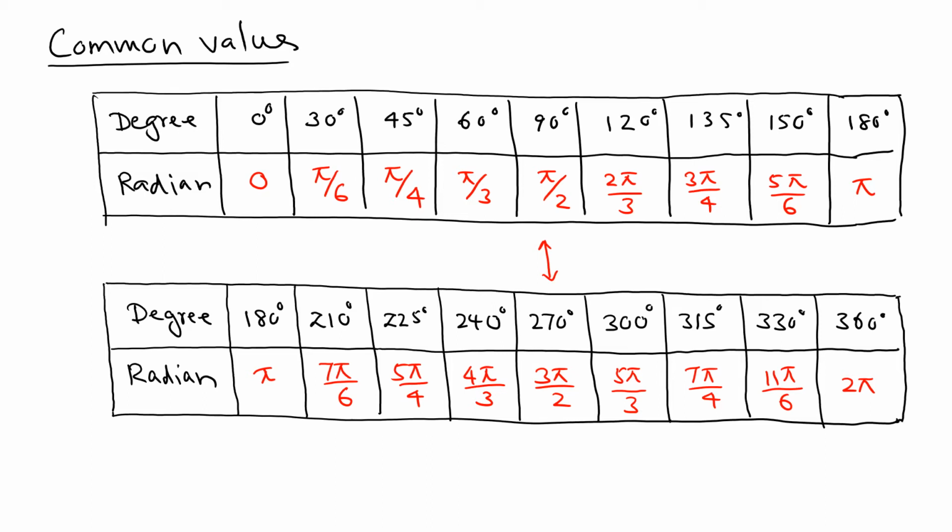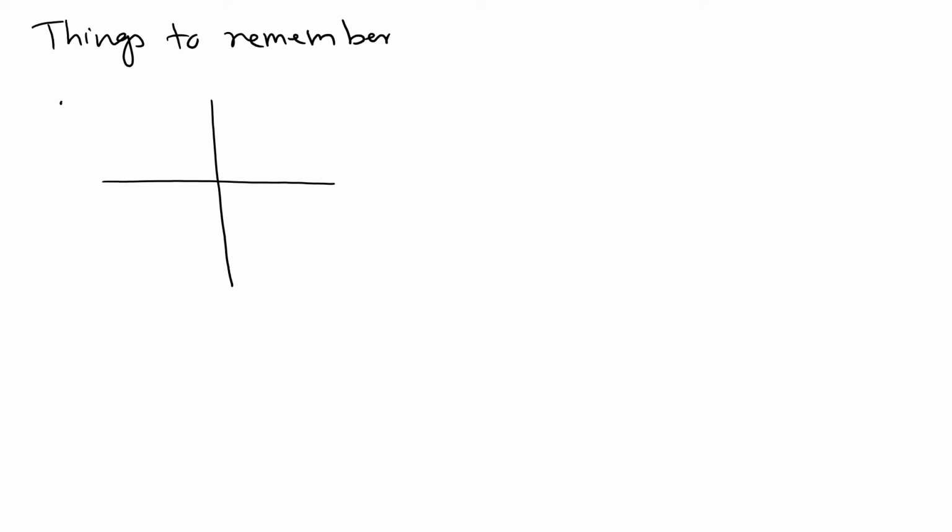So there are two major things to remember about radians. The first one is the quadrants. So let's look at the quadrants and how those angles look.